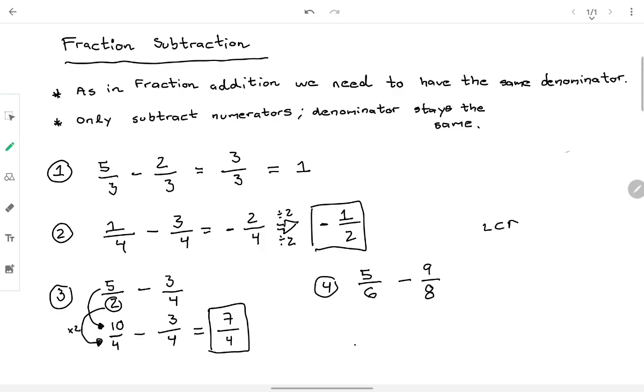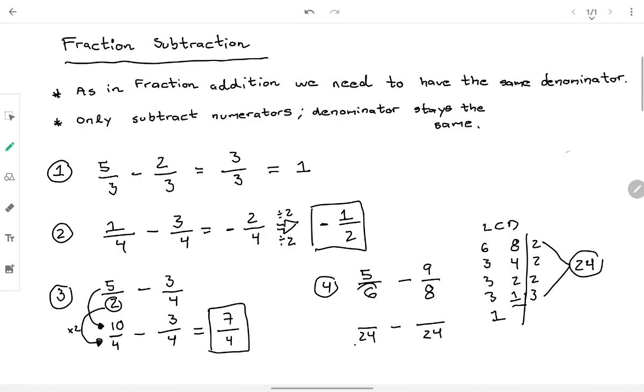So to obtain the least common denominator between 6 and 8, we can do the prime factorization. We continue with 2. We continue with 2. We will have finished this part. Then we use 3. And we have finished. So our least common denominator in this case is 8 times 3, that's 24. So we will transform these fractions to 24.